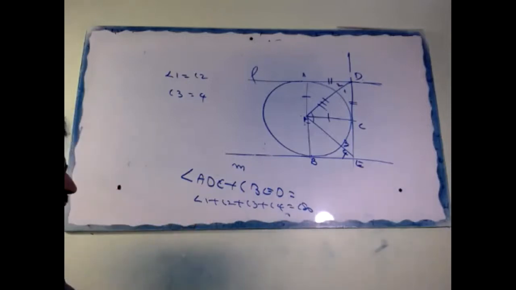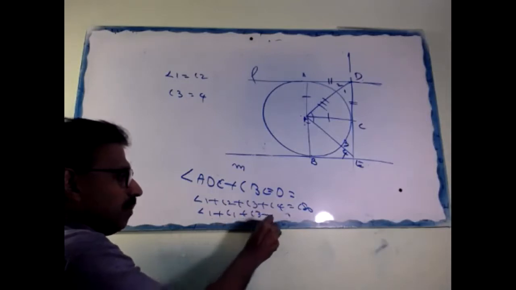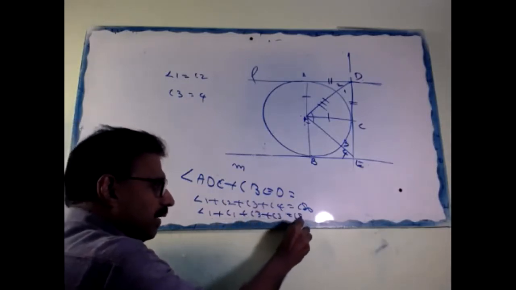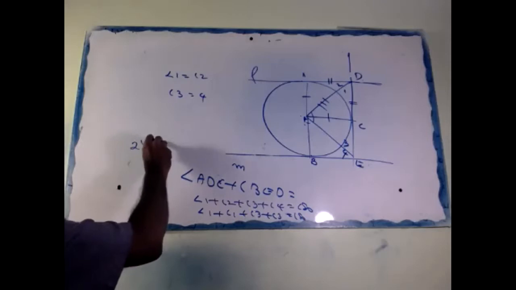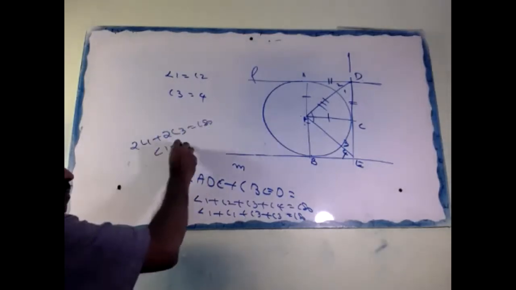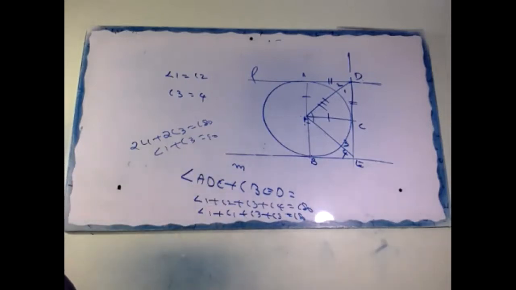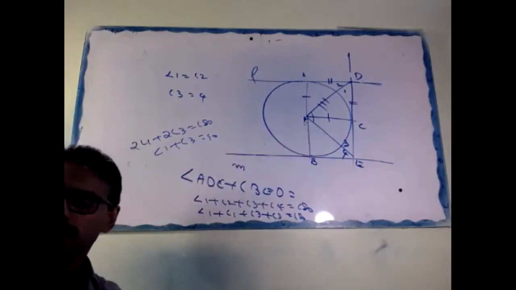Instead of 2, I'm writing 1. Angle 1 plus angle 1, angle 3 plus angle 3 equals 180. So 2 times angle 1 plus 2 times angle 3 equals 180. Angle 1 plus angle 3 is 90. In triangle DFE, 1 plus 3 is 90. DFE is how much? 90 degrees.